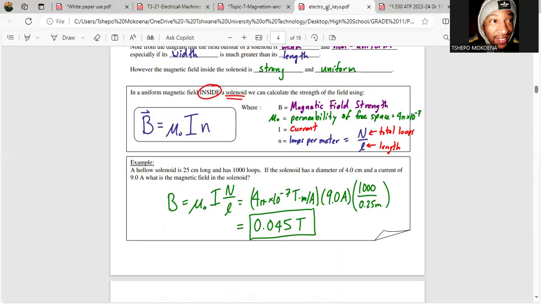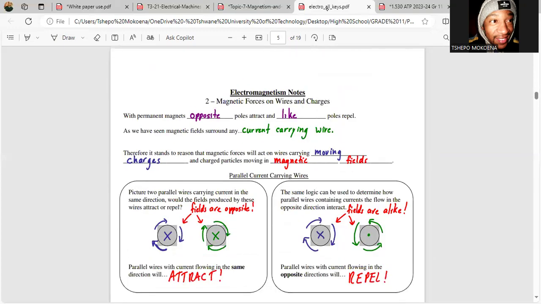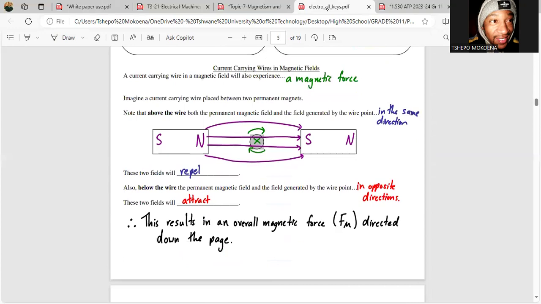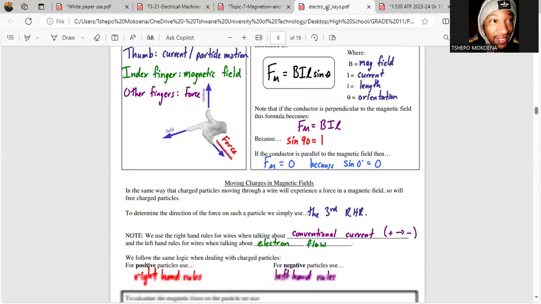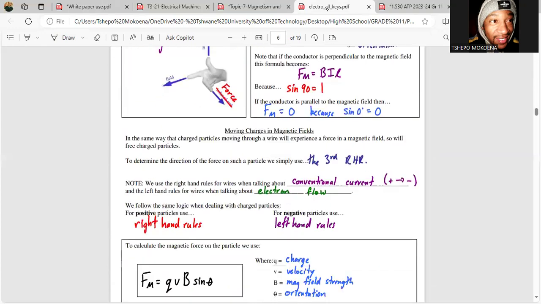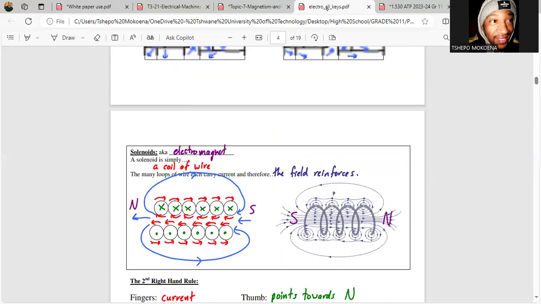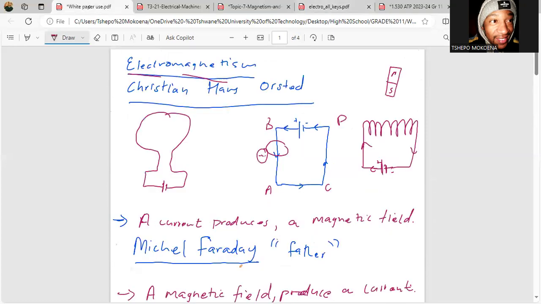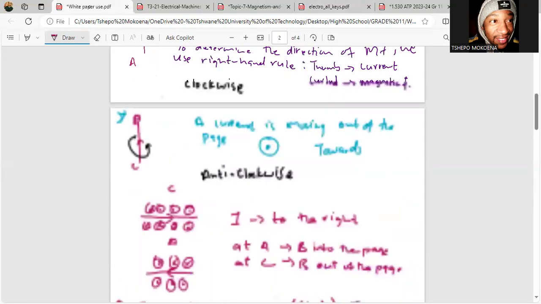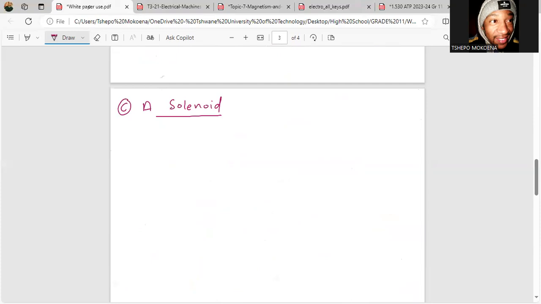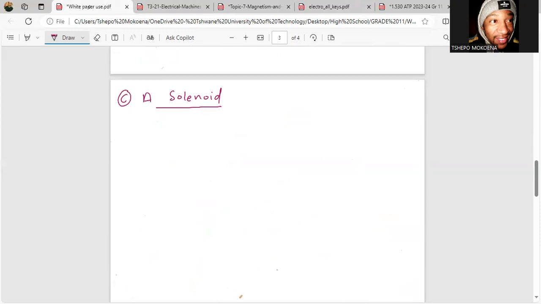I want a proper picture, because even for you guys, it can be confusing at some point. It can really be confusing, more especially the pictures that they give to you. So I'll try to draw it so that it makes sense. Follow my lead.